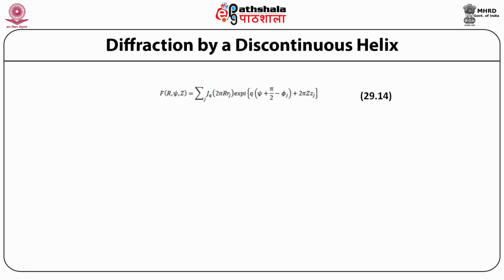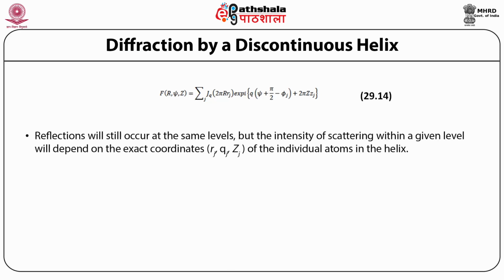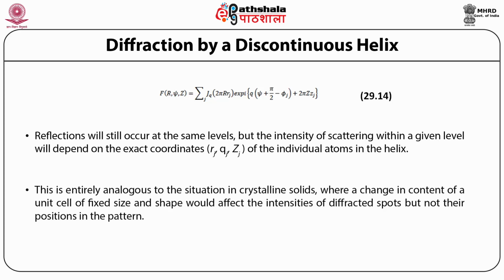Now we get 29.13 transformed into 29.14. Diffraction will still occur at the same levels, but the intensity of scattering within a given level will depend on the exact coordinates r_j, phi_j and little z_j of the individual atoms in the helix. This is entirely analogous to the situation in crystalline solids, where a change in content of a unit cell of fixed size and shape would affect the intensities of diffracted spots but not their positions in the pattern.